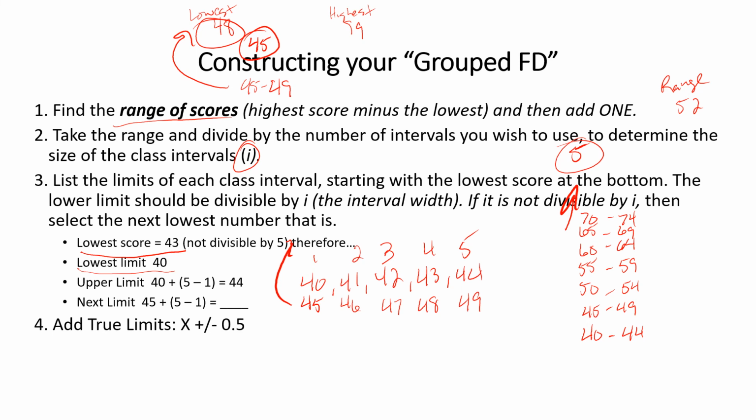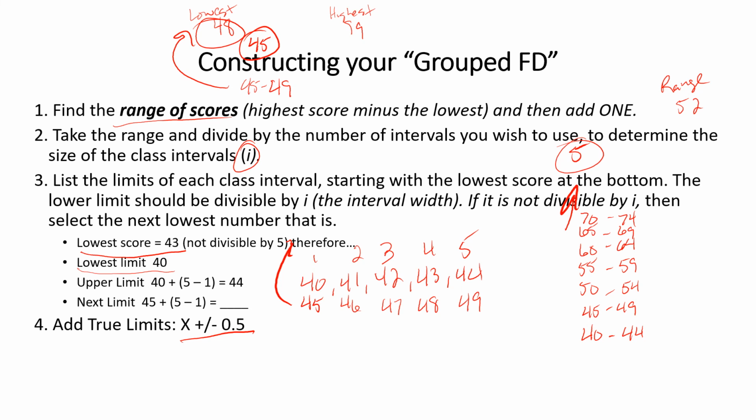If you've got a continuous variable, you do have to add your true limits on to it. So let's say we weren't just looking at these as whole numbers. Let's say you could have a possible fraction of a point on your score for this exam. Then the true limits would come into play.